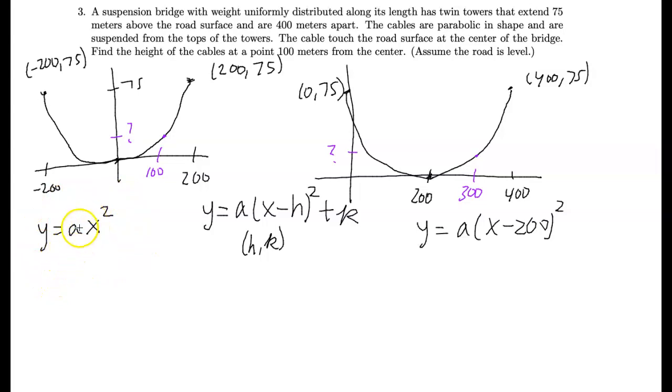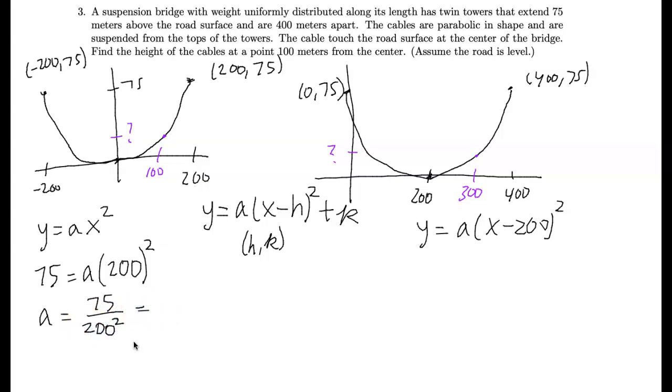Alright, so the way that we're going to find a is we used the vertex to be able to get it this far. We can choose either of these ordered pairs to solve for a. So I'm going to go ahead and use 200, 75. And then solve for a, so a is going to equal 75 over 200 squared.